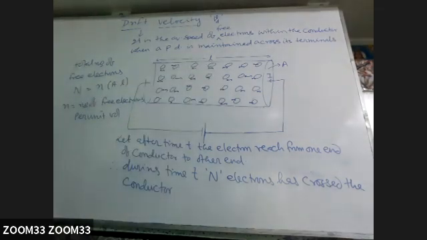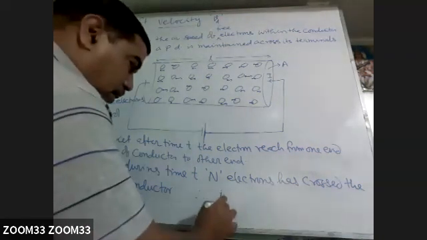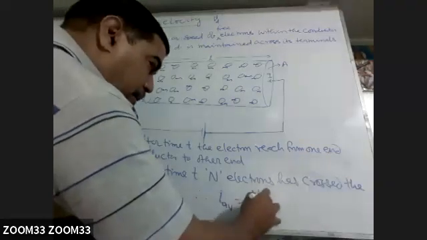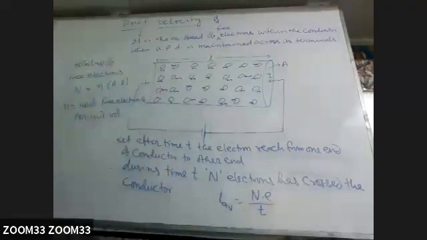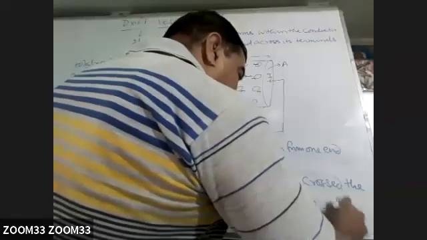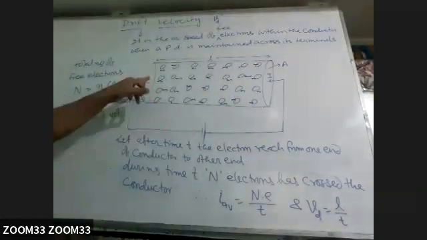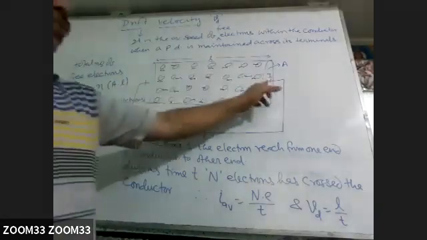Now what is the current? So this I average will become N e over T. And this v_d will be L by T, because during this time this electron has reached from here to here.